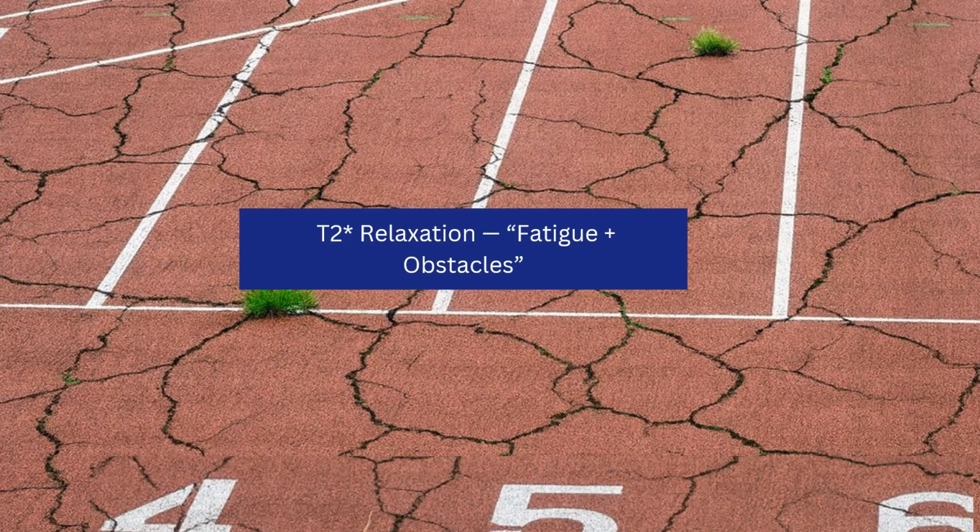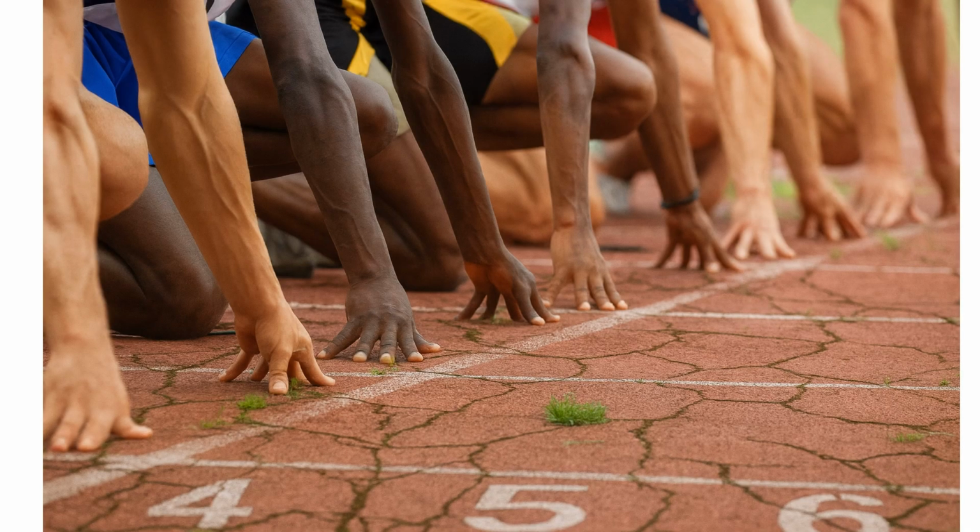Now, let's compare this analogy to T2 star: fatigue plus obstacles. Once again, imagine the same runners, but this time the track has uneven lanes, cracks, weeds, and potholes, and the runners also experience crosswinds and random obstacles on the field.